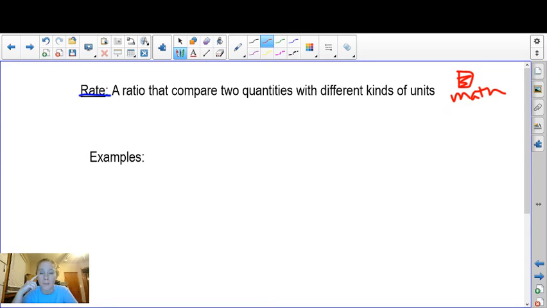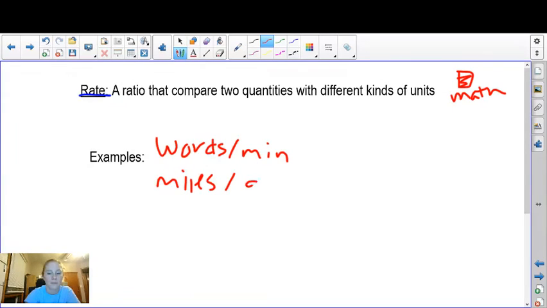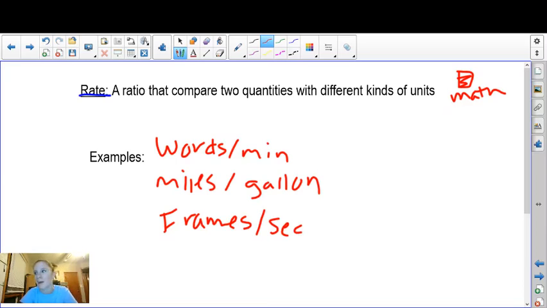So what is an example? We talk about words per minute. We have miles per gallon. We have frames per second. Well, technically that's a rate.